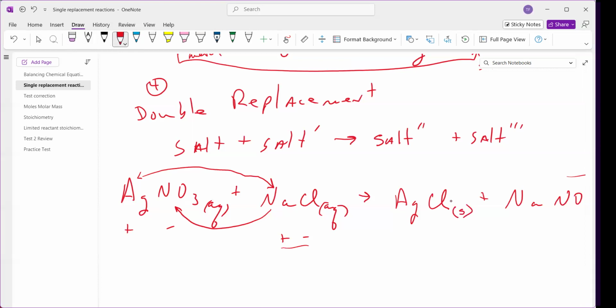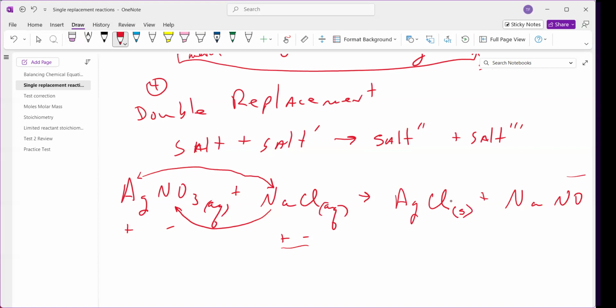I was just confused because I thought it was an AQ. Tomorrow, I'm going to talk a lot about double replacement, and you're going to see what that S means versus AQ.